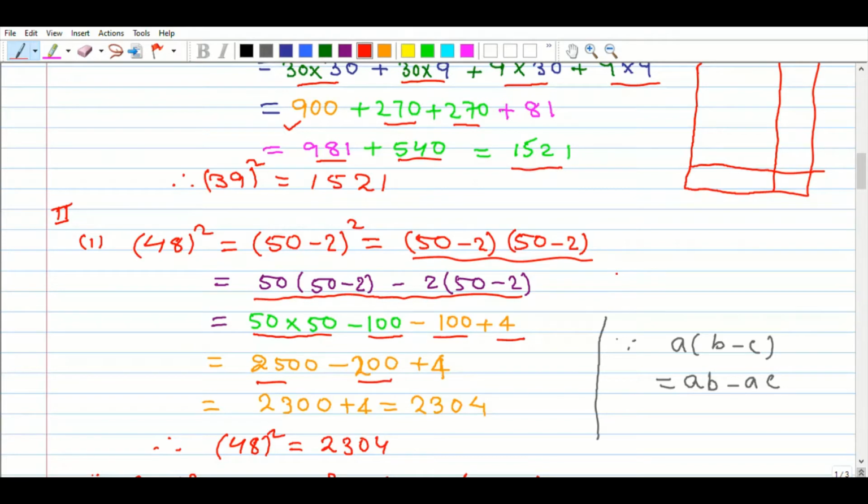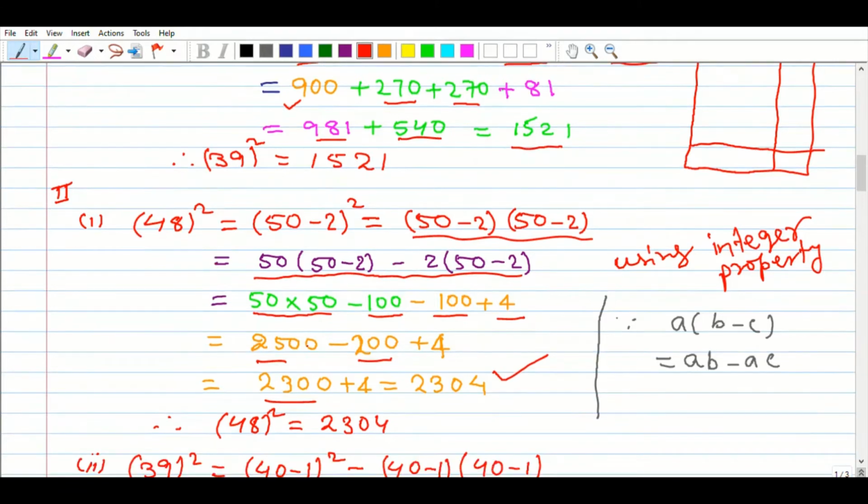Also here using the integer property, you know very well, but I am introducing it to you here. 2500 minus 200 I have done directly, but it is not following the proper rule. So we can also do 2504 minus 200, we get 2304. 48 square equal to 2304.